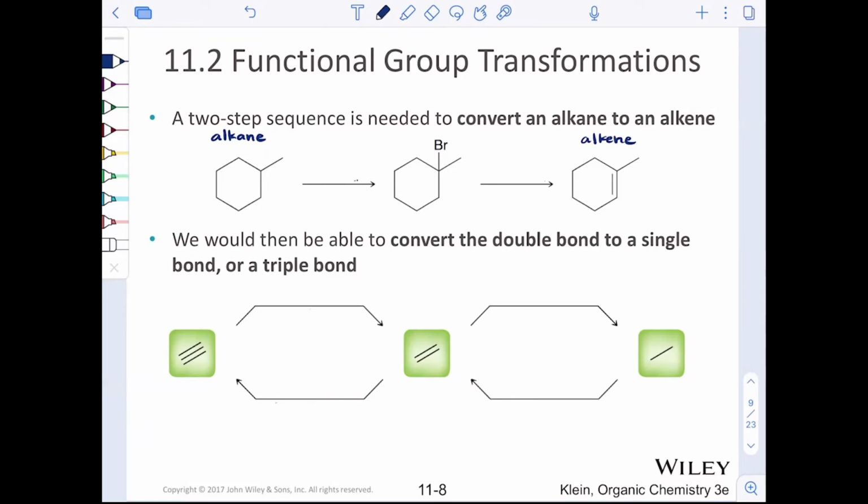What can we use? If you remember chapter 10, it was starting with our alkanes and using radical halogenation. Now, radical bromination, Br2, with heat or light, there's light. You could also use, put it off to the side, Br2 with heat, delta. There's an option for that first step.